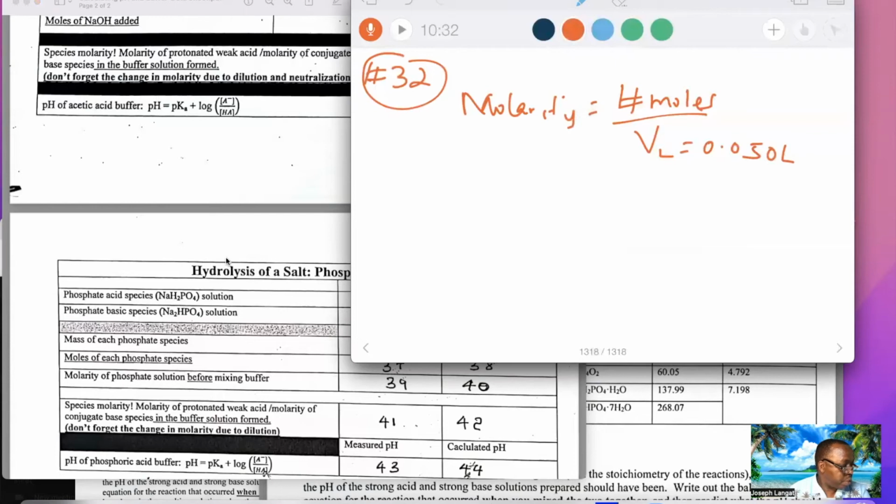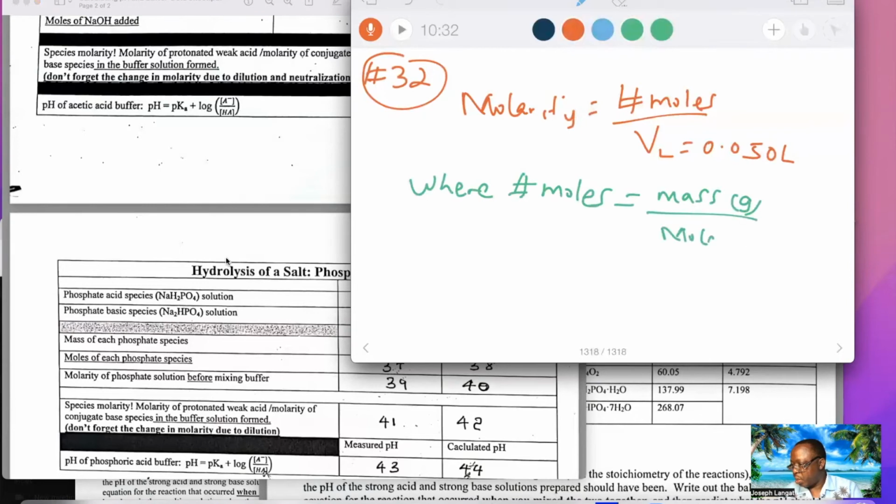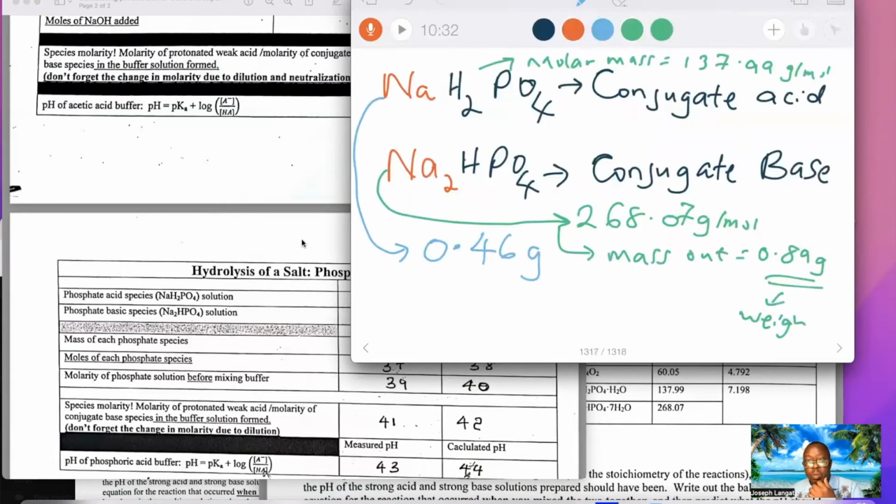Dissolve in 50 ml of deionized water completely. The number of moles is given by the mass in grams over molar mass. This is what we were given.